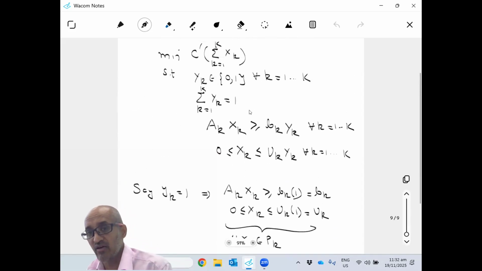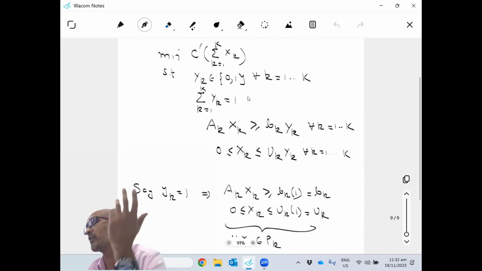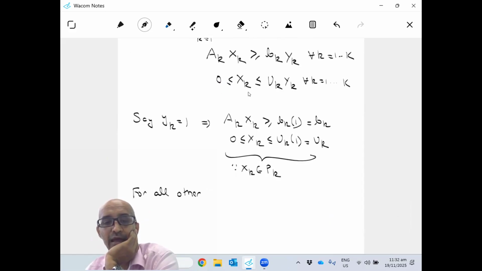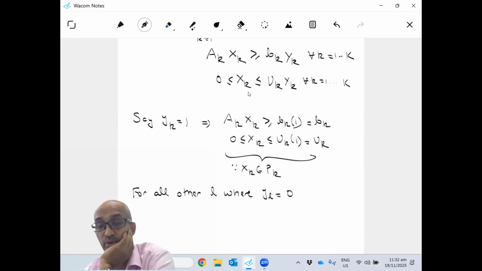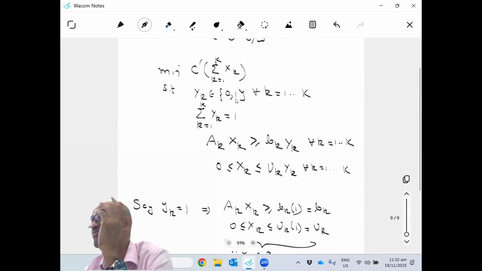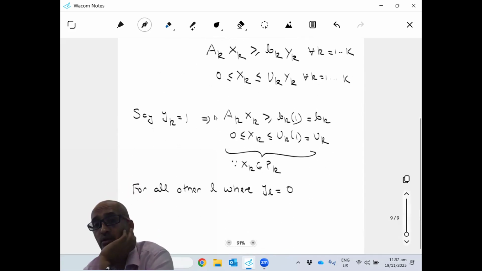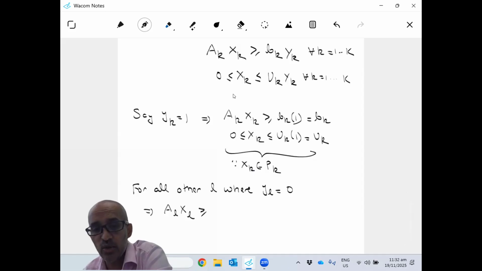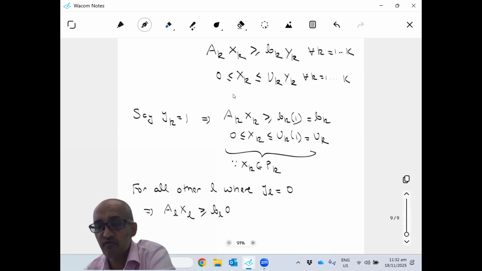So one yk is 1, but then many of the y's are 0. What happens to the 0 vectors? For all other l, where yl is 0, because it's binary, everything else has to be 0. What will happen? You will get Al times xl is greater than or equal to bl times 0, which is 0.